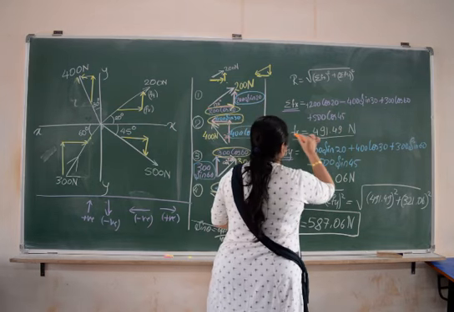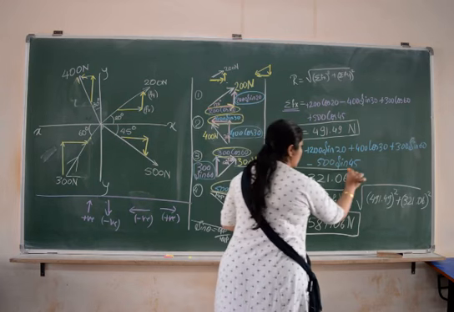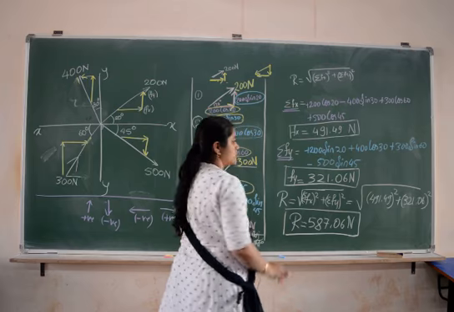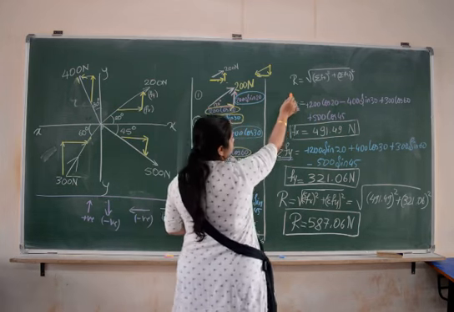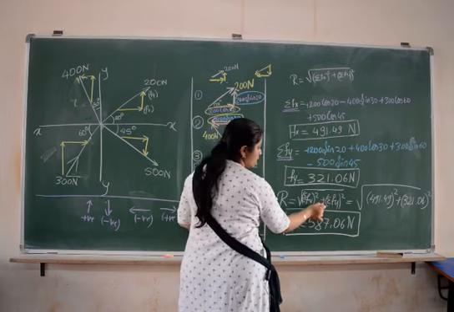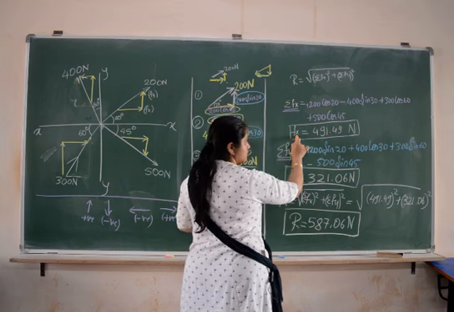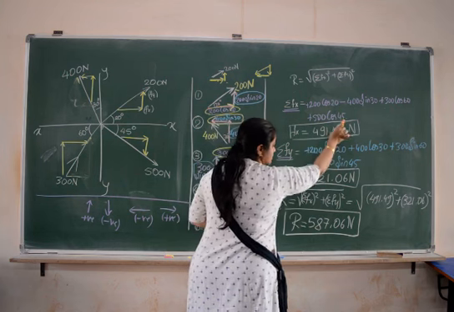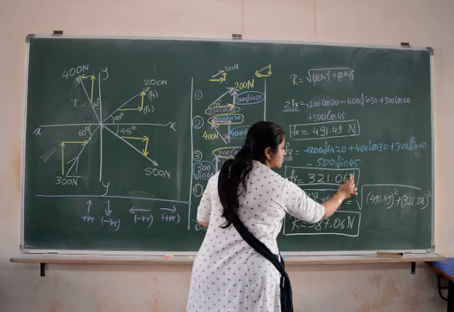You will get the Fx component and the Fy component. Then put it into the resultant formula. R equals the square root of Fx squared plus Fy squared. Fx, you need to square this, plus Fy squared.